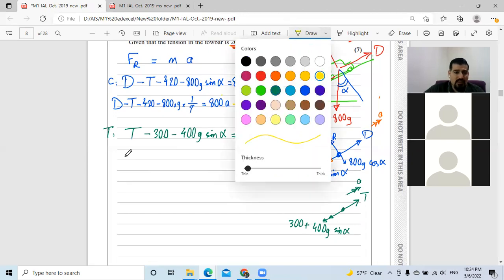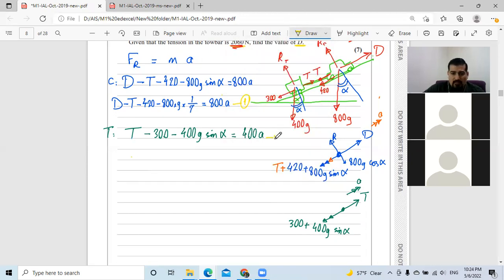So what I'm going to do here, this equation number 2, I will multiply it by 2. Or I can add both equations together to find the value of D directly.